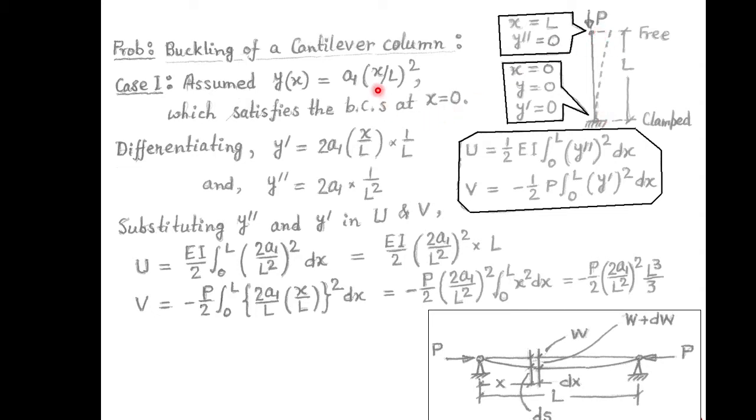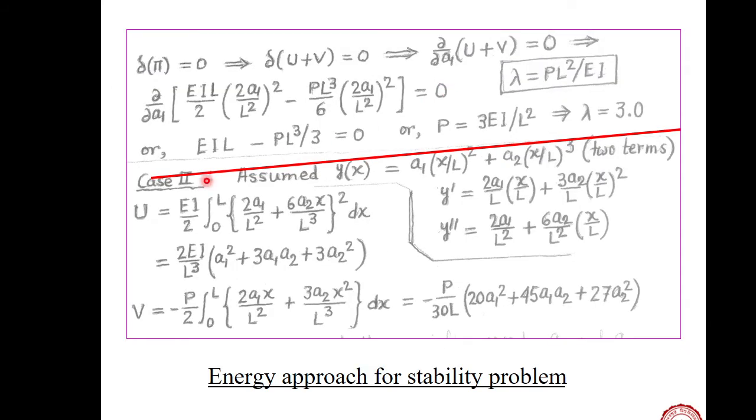So again, with this, we add another term, a1 phi 1 plus a2 phi 2. What is phi 2 here? X by L whole cube. So substitute, again the first derivative of this, we know what it is.